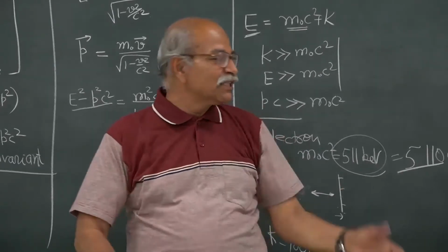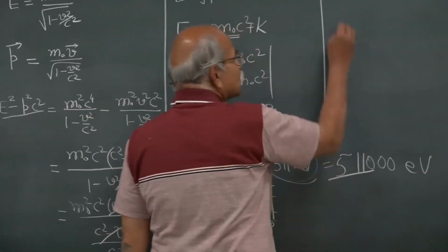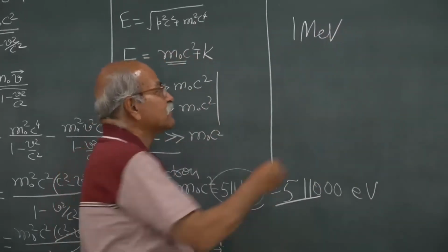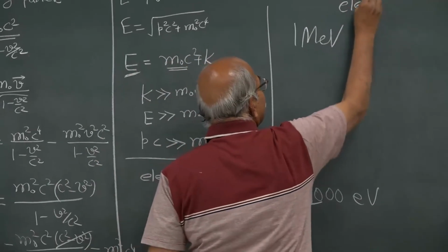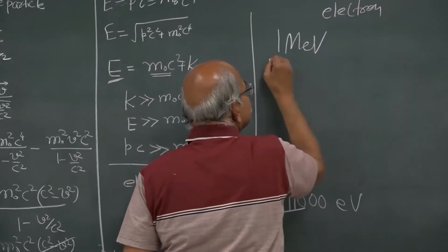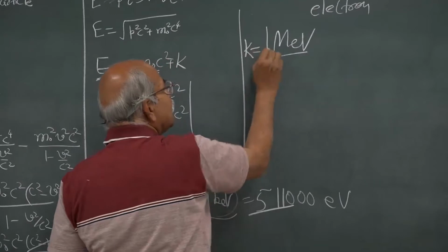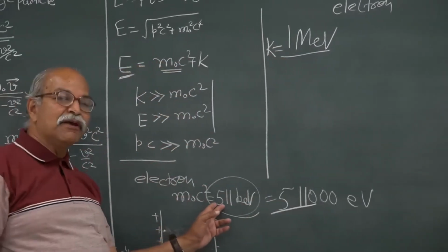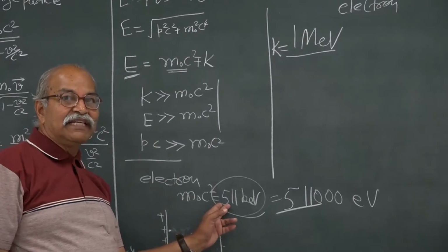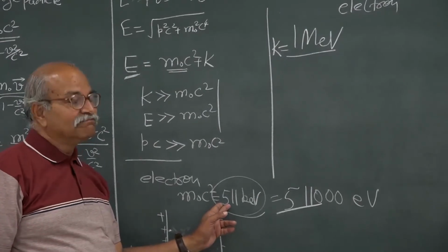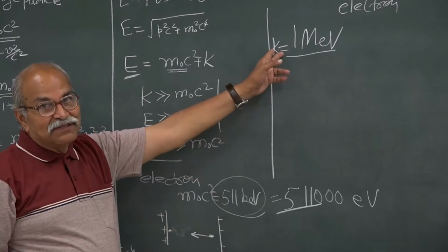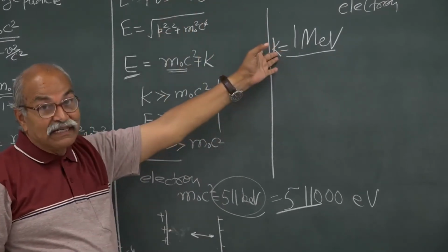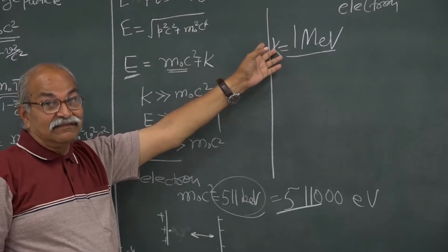So the kinetic energy of this electron is 1 MeV as it goes from this end to that end. If kinetic energy is 1 MeV and rest mass energy is half MeV, 511 keV, Newton's laws F equal to ma will not work. You have to go for relativistic equations.